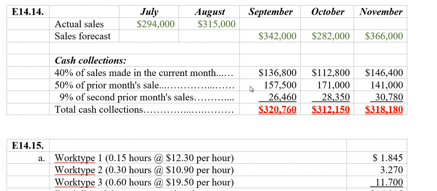So if we look specifically at this first column for September, we have 40% of this 342 is here, and 50% of this 315 is here, and then 9% of the July sales numbers are here. And then if we add these up, we get a total cash collections of 327.60. And just know that those three is how much cash you're going to actually get that month.